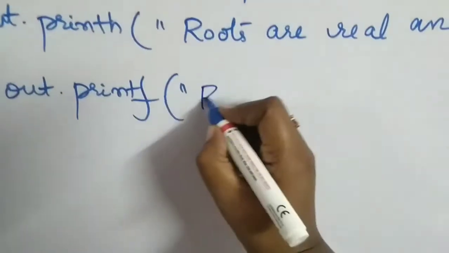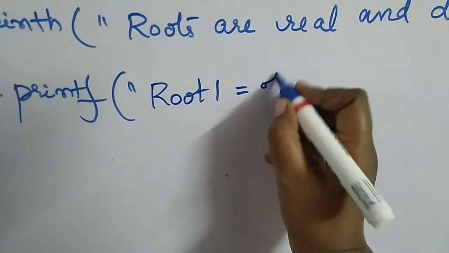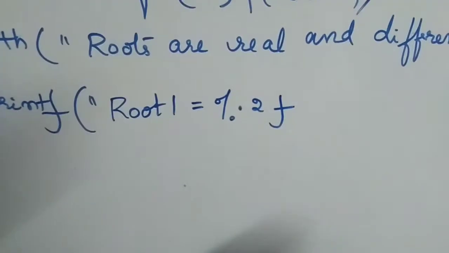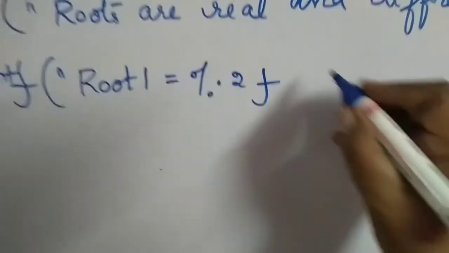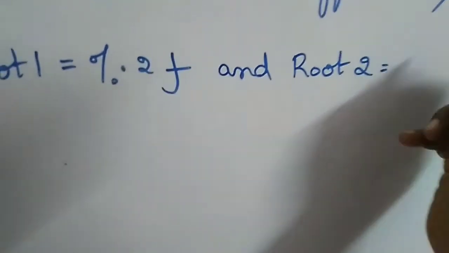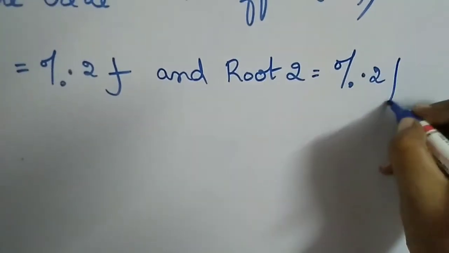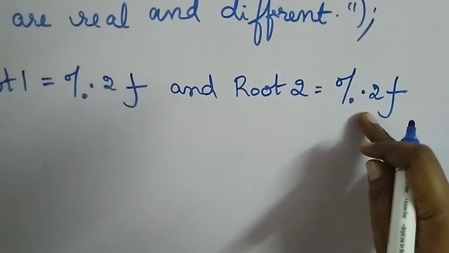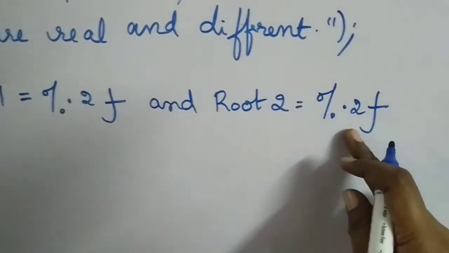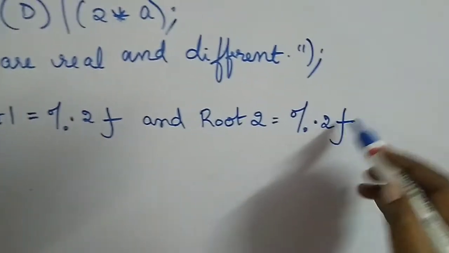So I am writing system.out.printf, root 1 is equal to, percentage point 2 f, and root 2 is equal to percentage 0.2f. This is type conversion, and you can decide how many digits you want after the decimal. Here I just want two numbers after the decimal. So the roots, root 1 is this and root 2 is this.